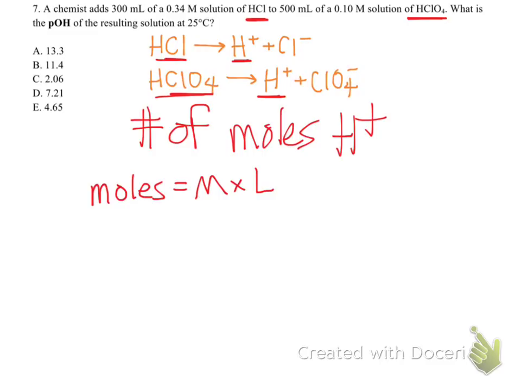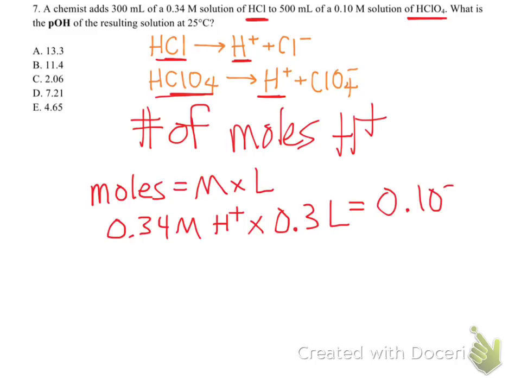So for this first one, the HCl, it's 0.34 molar HCl, which just basically means H+, times 0.3 liters, 300 milliliters, to get 0.102 moles of H+. Okay, part 1, done.